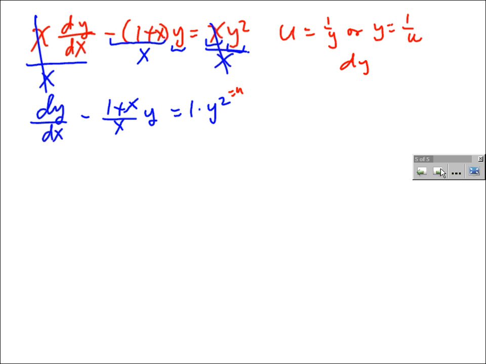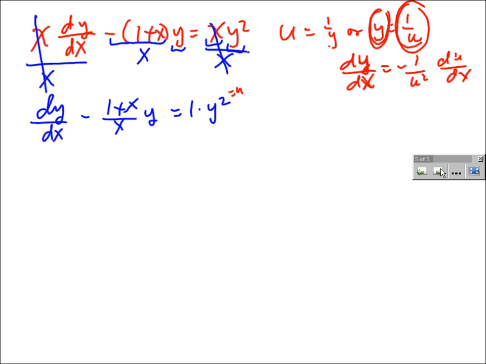And dy dx, take the derivative of that with respect to x, is equal to the derivative of that, which is negative 1 over u squared, with respect to x. It's in terms of u with respect to x. The derivative of y is 1. It's in terms of y with respect to x. And we don't have to bother multiplying by 1.